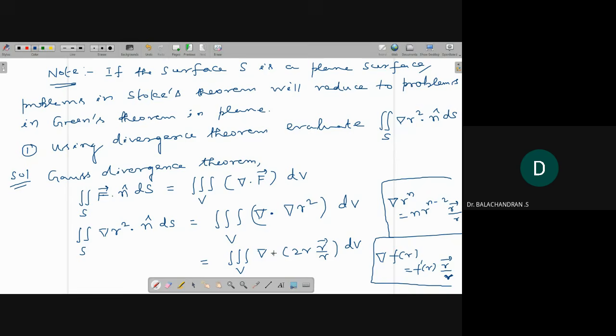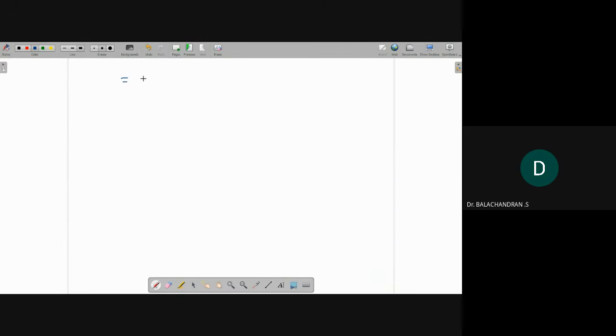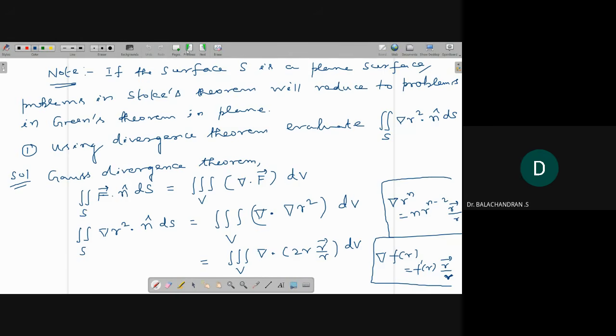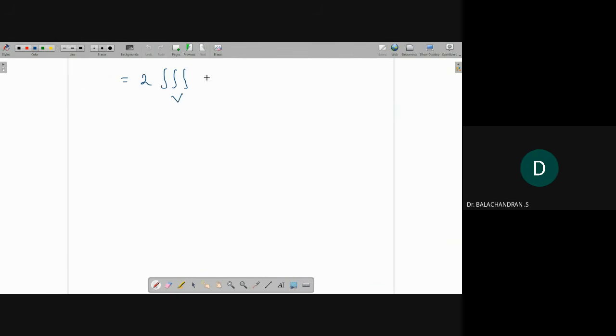So r gets cancelled, 2 is constant. So 2 into triple integral over V of del dot r vector into dV.